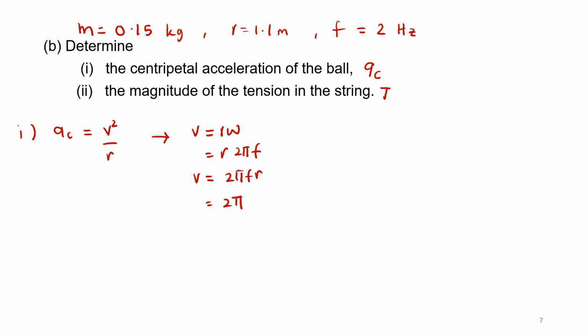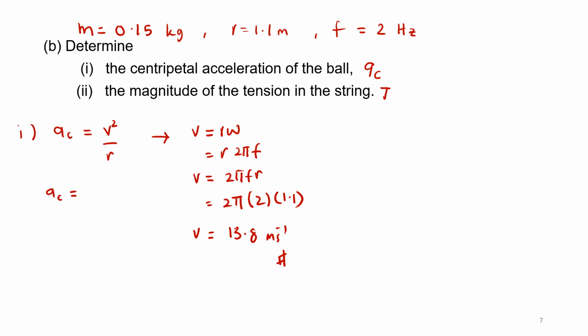So 2 pi, the value of f is 2 and r is 1.1. So we will get our linear speed v is equal to 13.8 meter per second.